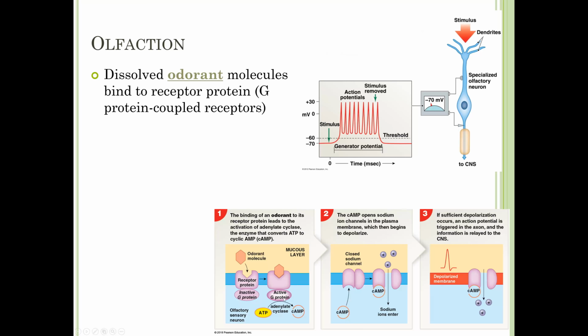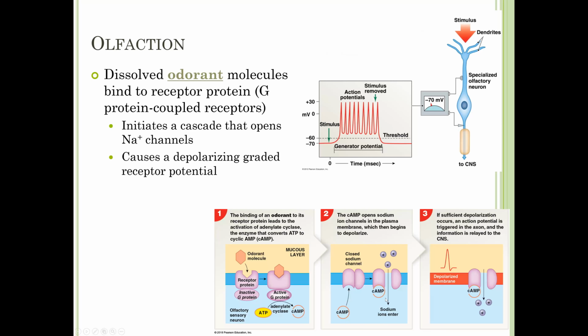When they're activated, there is a second messenger system that happens. We're not going to go into all of the details, but eventually this cascade happens and you open sodium channels. So a sodium channel is closed here, and then after the odorant molecule binds and you get this cascade, the sodium channel opens and sodium rushes in, which causes a depolarizing graded receptor potential.